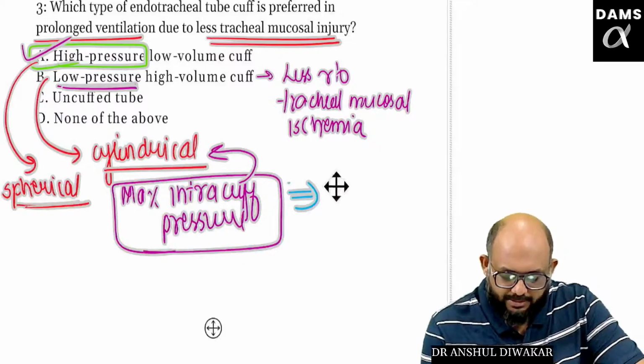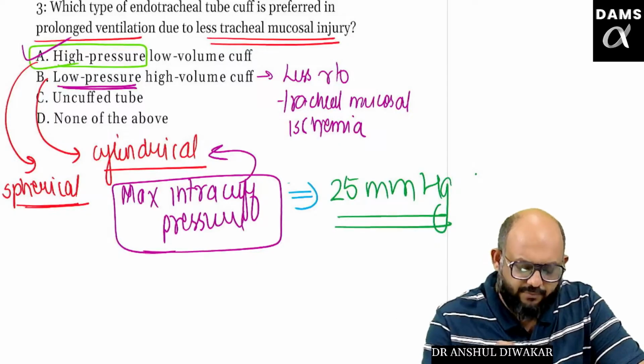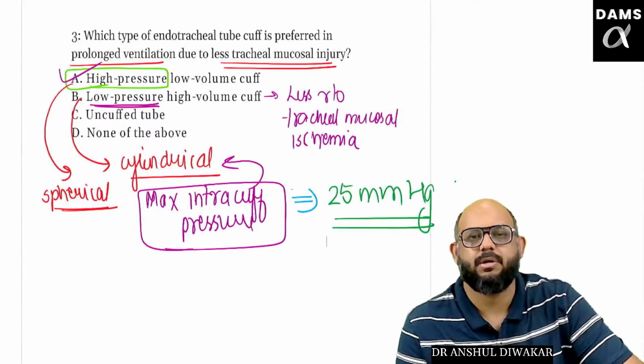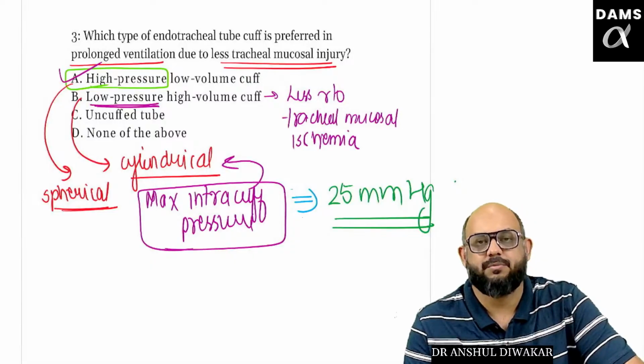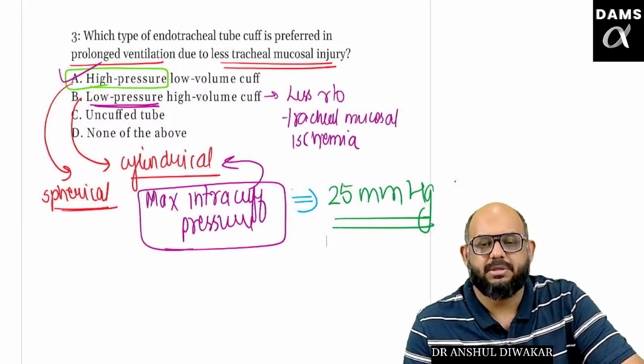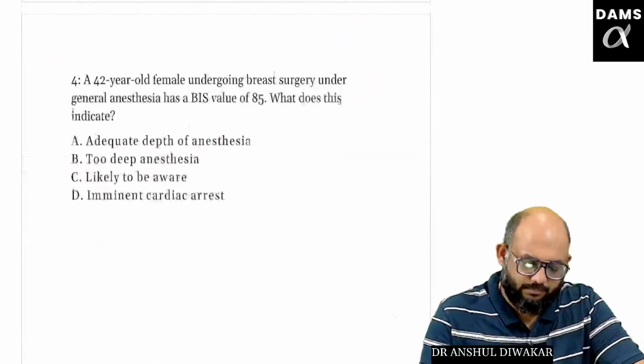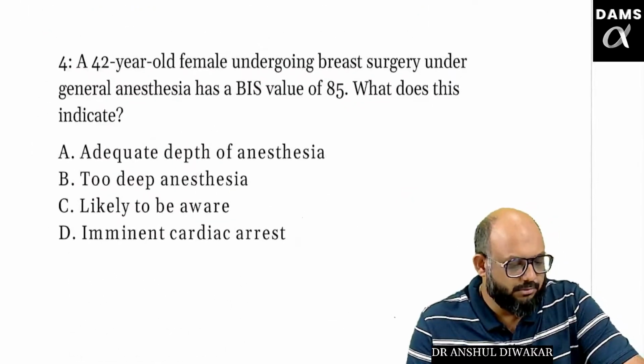Yes, 25 millimeters of mercury. That was 60 centimeters of water. All right. Are we good?